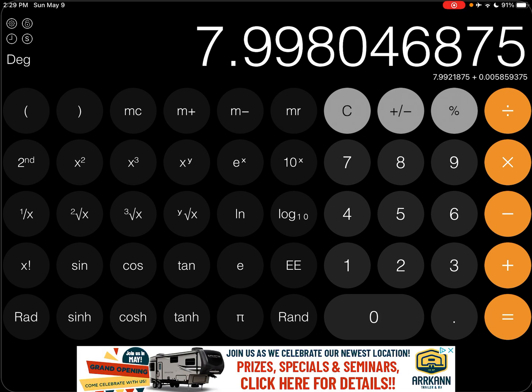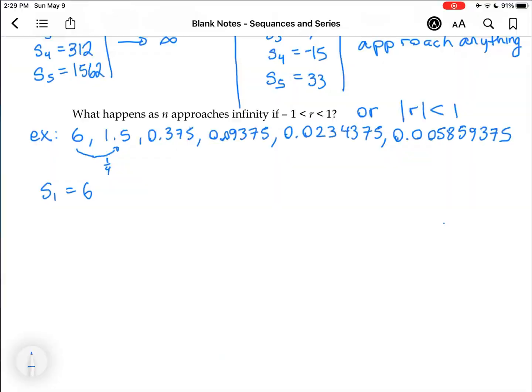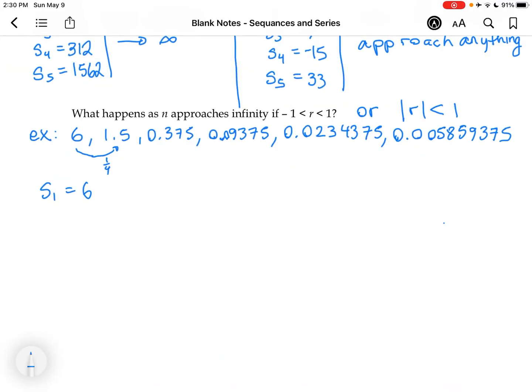What I'm hoping that you'll notice is that these numbers keep getting really, really close to 8 the more terms we add, but they never actually reach 8. So that's what we're going to discuss. Let's write these down though. S1 was 6, and I have them recorded. S2 was 7.5. S3 was 7.875.